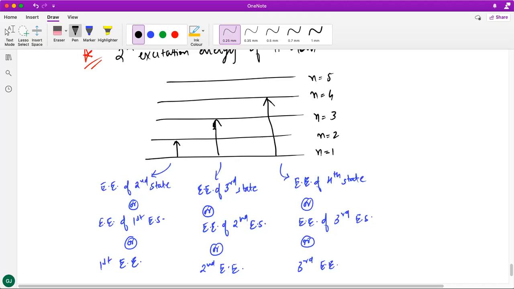Or just second excitation energy, and so on so forth. ठीक है, हाँ. So first excitation energy is n equal to 1 to n equal to 2. Second excitation energy is n equal to 1 to n equal to 3.